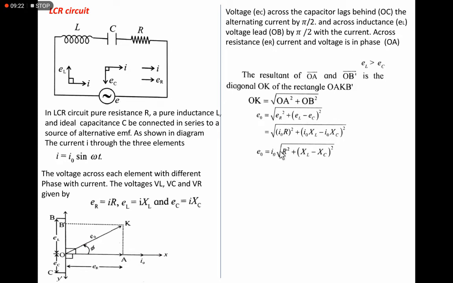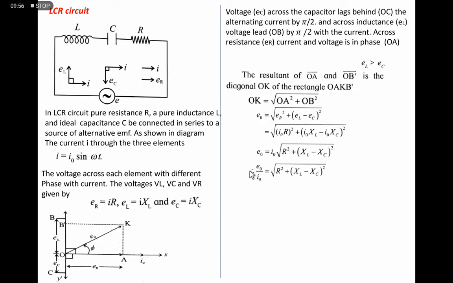So E naught equals I naught times the square root of R square plus (XL minus XC) square. XL is the opposition to the flow of AC current across the inductance, that is inductive reactance, and the opposition to the flow across the capacitance is the capacitive reactance, it is XC. Now taking this I naught to this side, this becomes E naught by I naught.